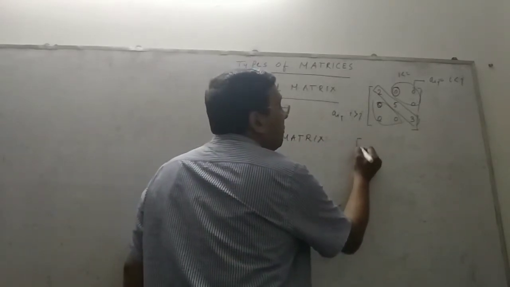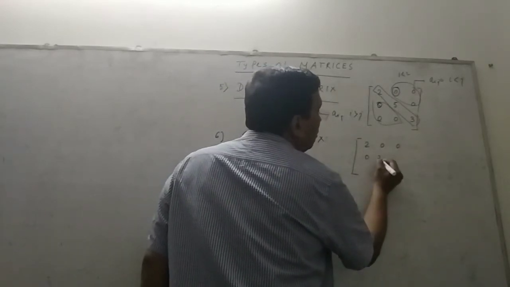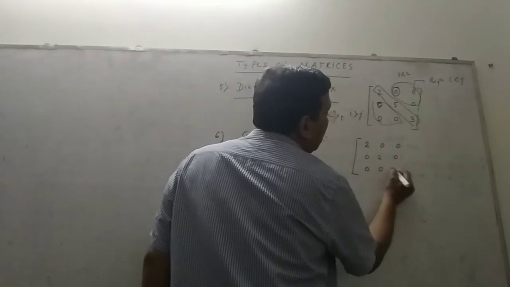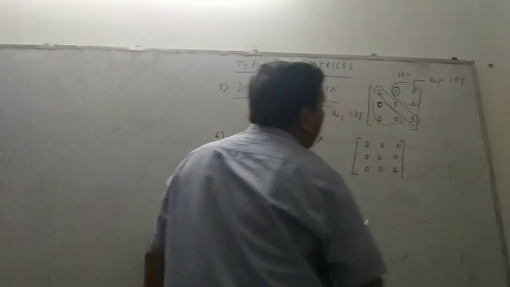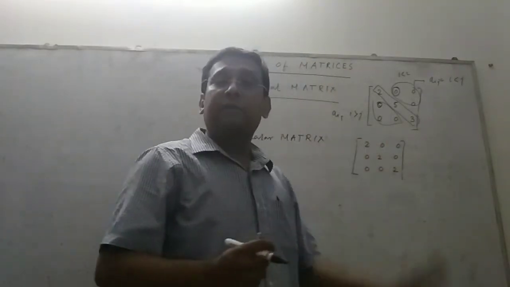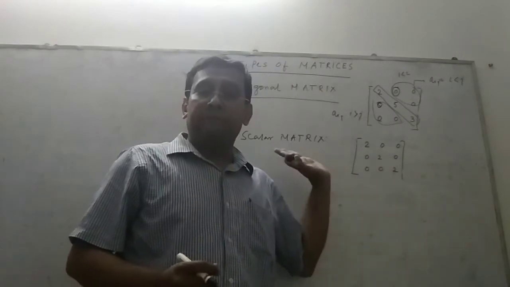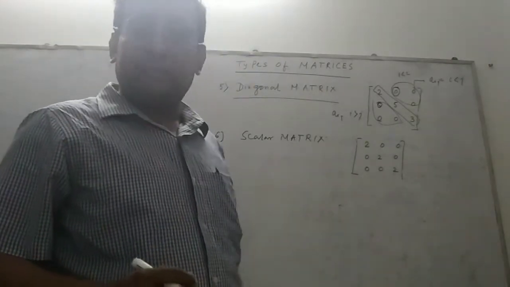Here I can give one example: 2 0 0, 0 2 0, 0 0 2. This is a diagonal matrix, and when all the elements of the primary diagonal are the same, then it is called a scalar matrix.